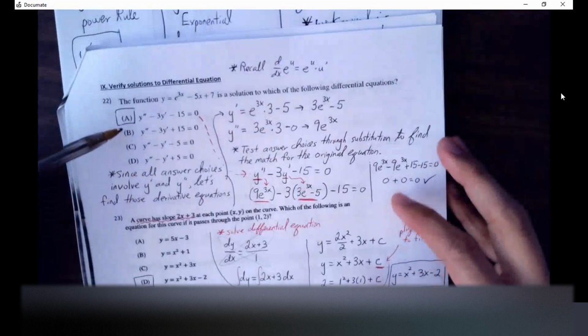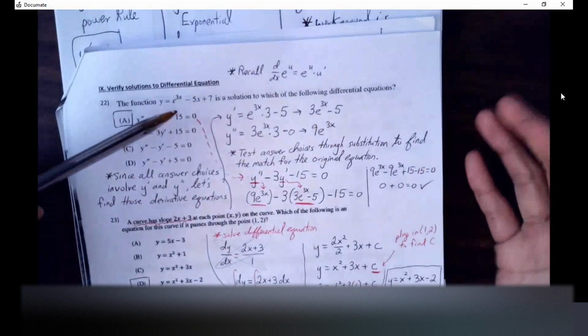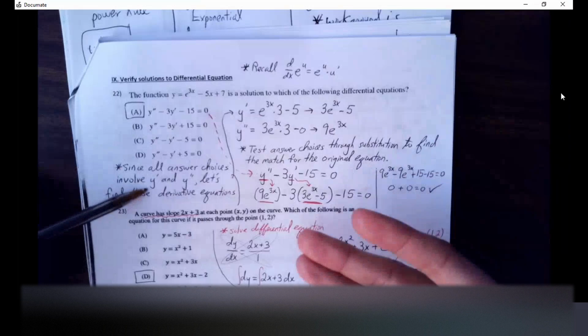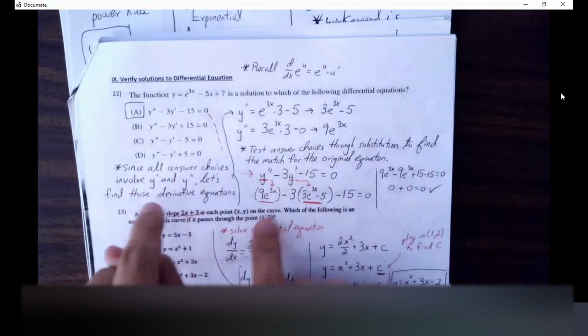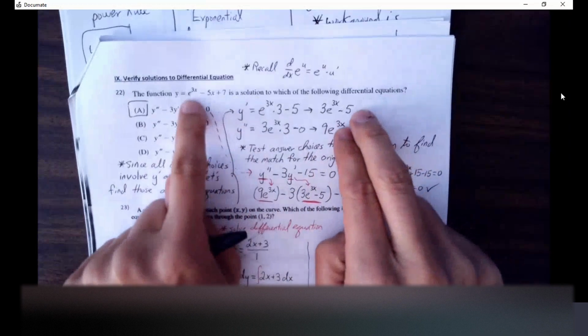22, 23, these are just kind of variations of differential equations. So these problems, I guess they've shown up in the past couple of years where you're trying to match the solution. So you find y prime, you find y double prime, and it's kind of tedious, but you're just trying to see this puzzle where can I get my y prime and y double prime to fit in the equation so that it'll match my original problem.